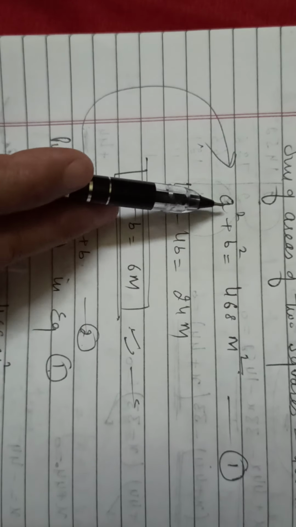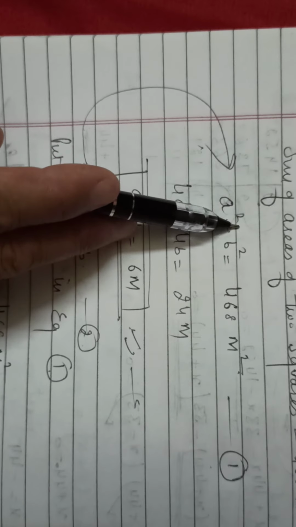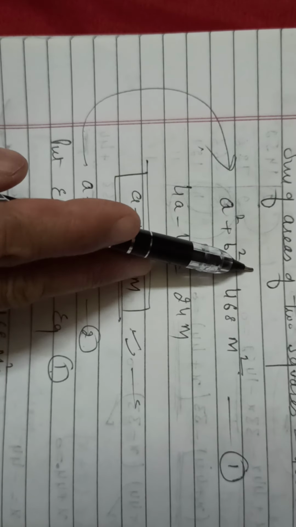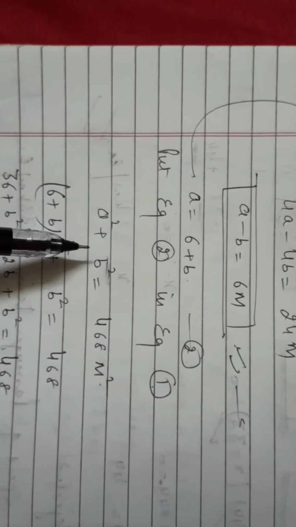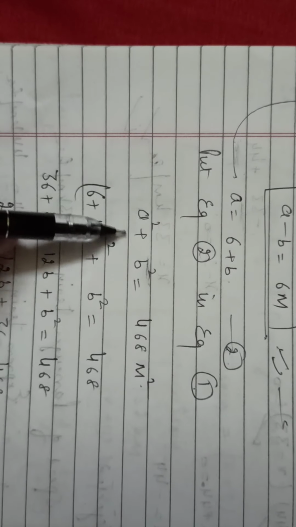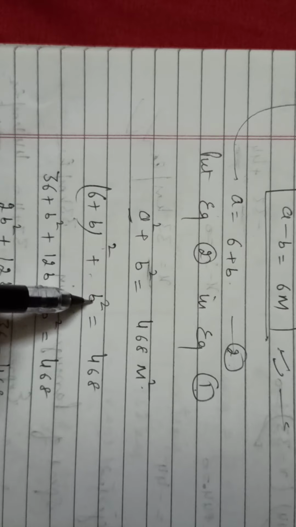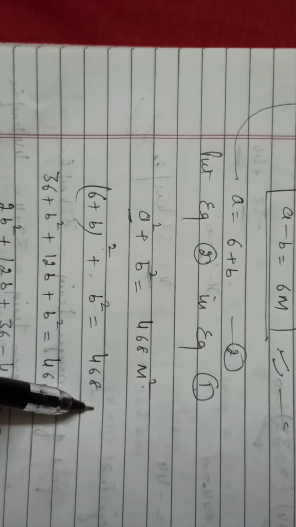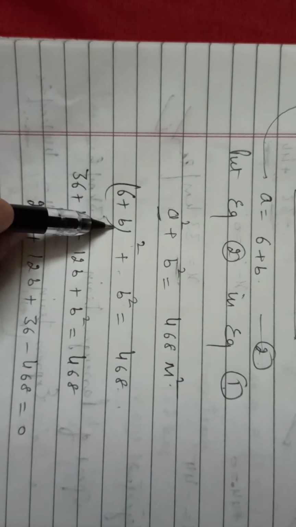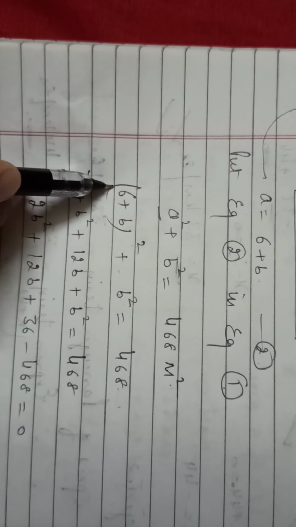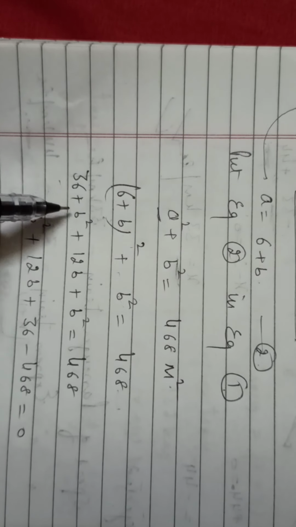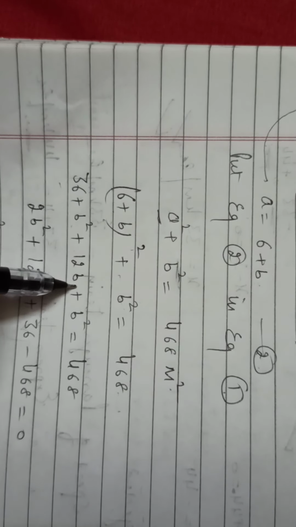a square means (6 plus b) whole square plus b square is equal to 468. In place of a, I am putting 6 plus b. Now open it by using the identity: (a plus b) whole square is a square plus b square plus 2ab.